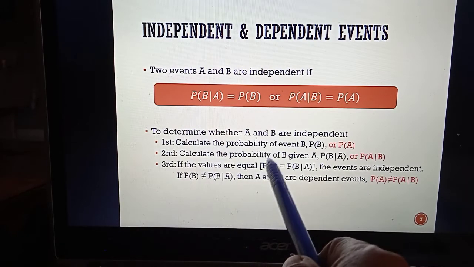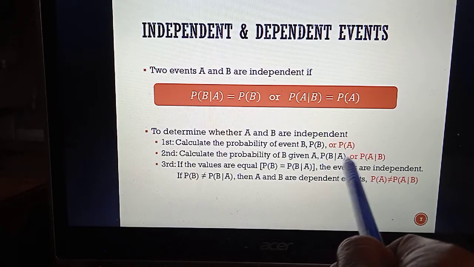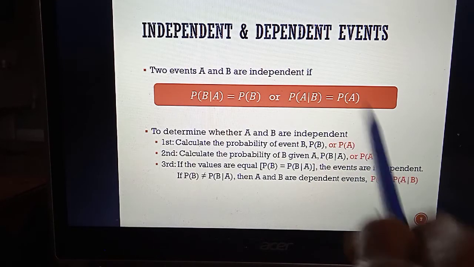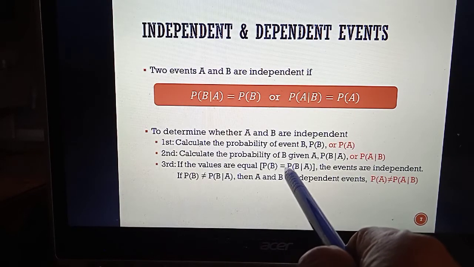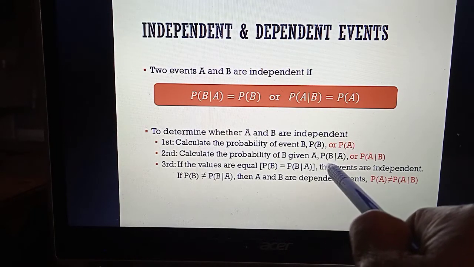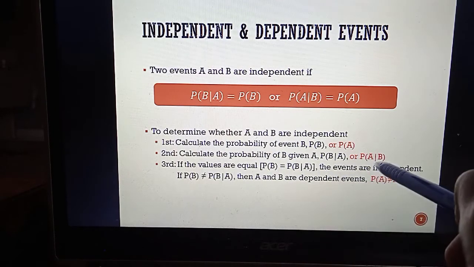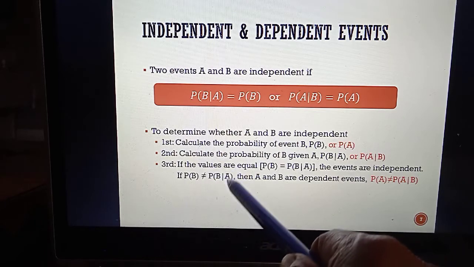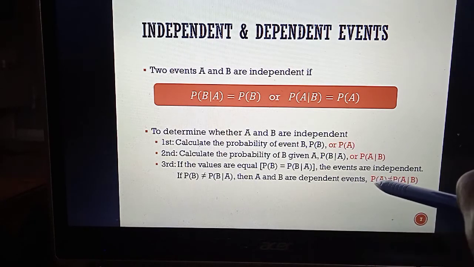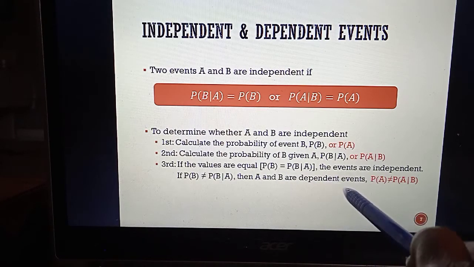Second, we calculate the probability of B given A, or P(A given B). Third, if the values are equal, if P(B) equals P(B given A), then events A and B are independent. If P(B) is not equal to P(B given A), or P(A) is not equal to P(A given B), then A and B are dependent events.